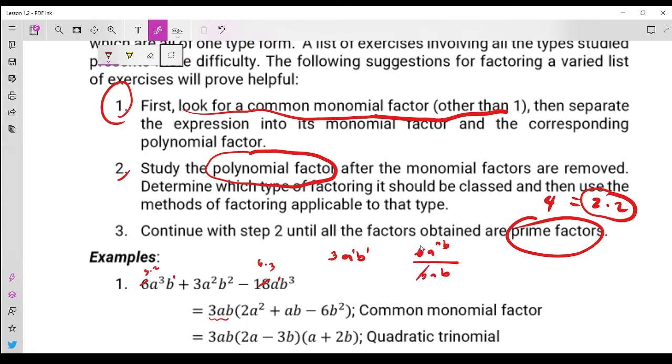So cancel, what's left is 2, cancel, what's left is a squared, and then cancel, so it's only 2a squared. Then do the same for the next terms. 3a squared b squared divided by 3ab is equal to ab. And then negative 18ab cubed divided by 3ab is equal to negative 6b squared.